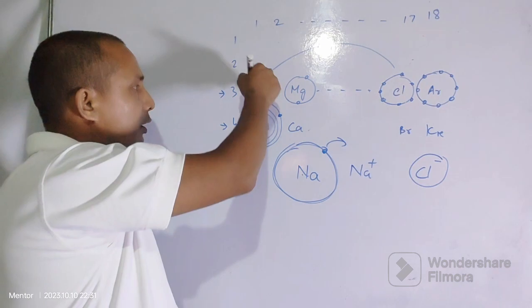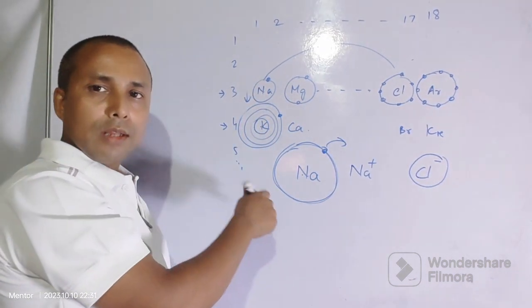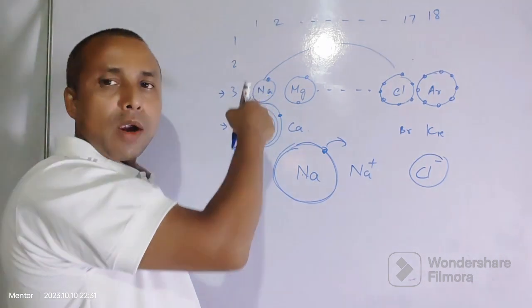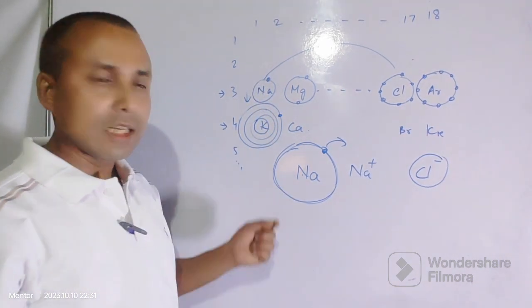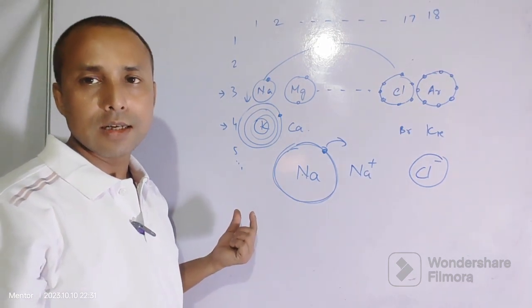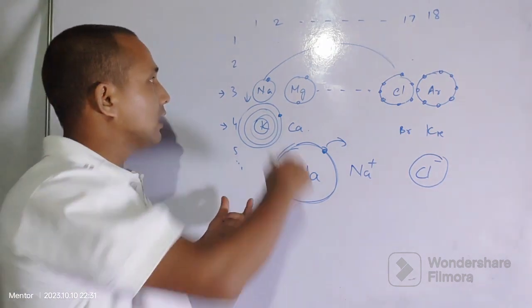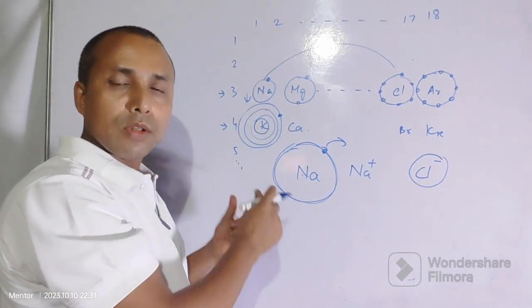Which means if we go from top to bottom, the reactivity or metallic property will increase, as well as atomic size will also increase towards the bottom in the group.